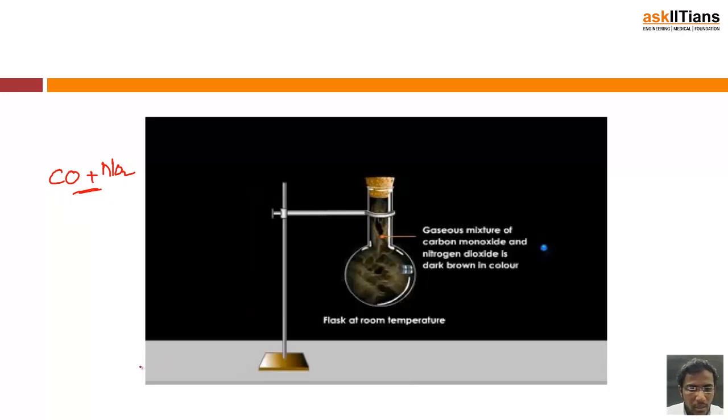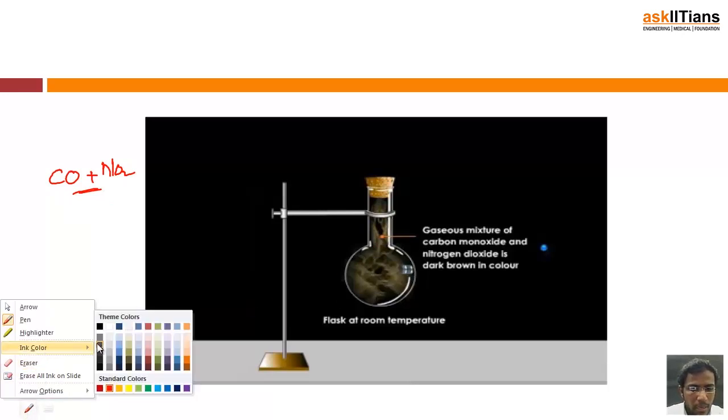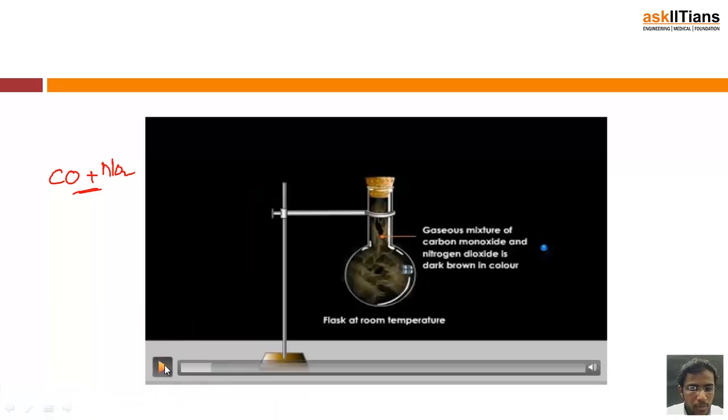You can see the color of the mixture is dark brown, because nitrogen dioxide is dark brown. So the color of the mixture is dark brown initially. It is kept at room temperature in a round bottom flask.